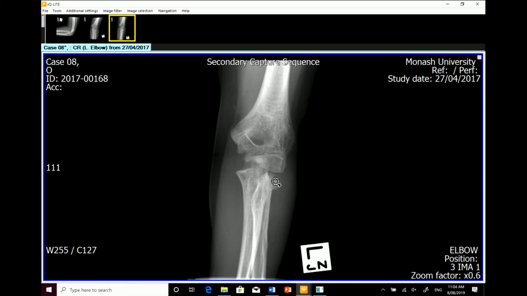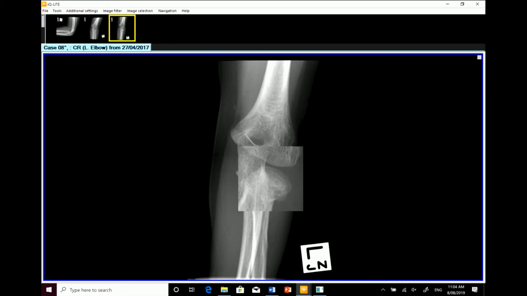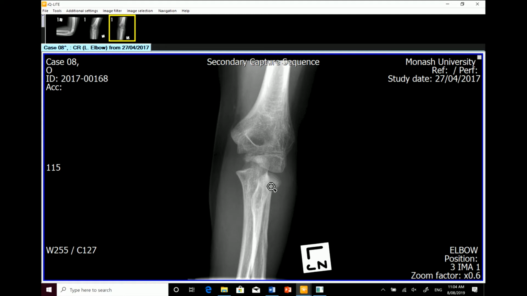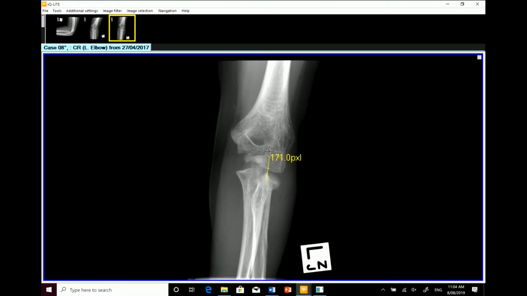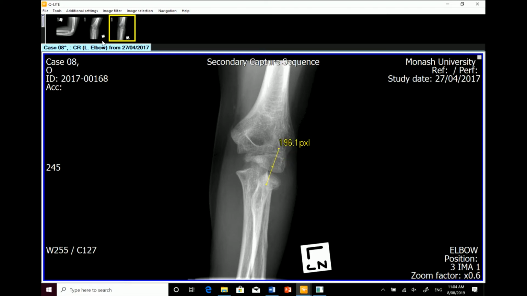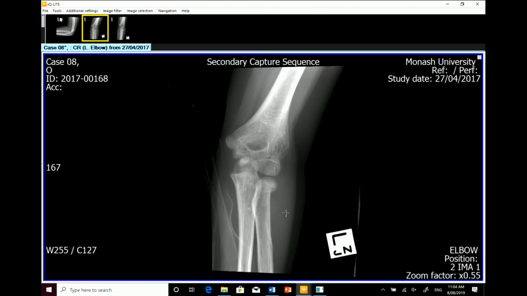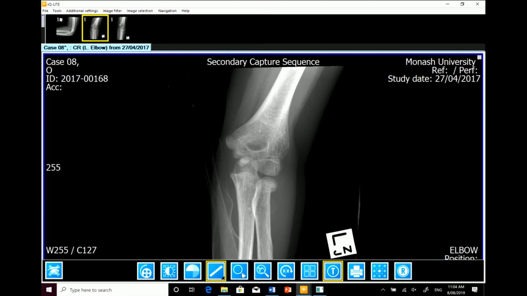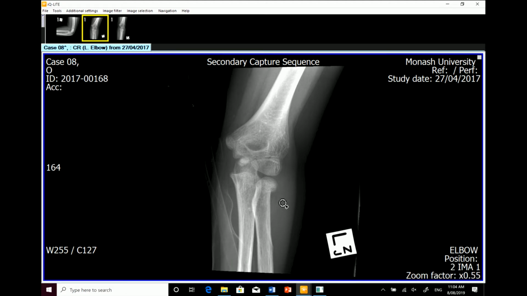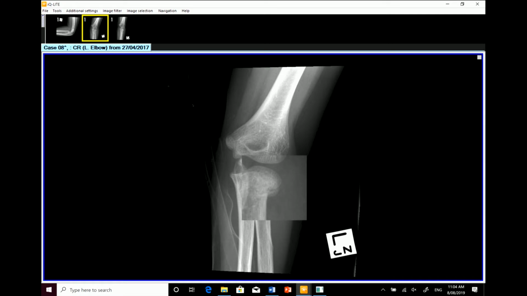We can see this is the radial head, and there looks like there is some abnormality there. However, if we draw our line, we can see that the radial head will still intercept with the capitellum, and this is an oblique view, and here we can see that the radial head has been impacted.